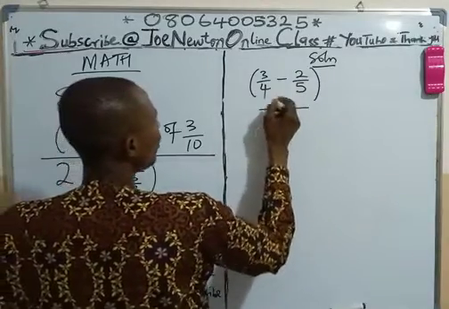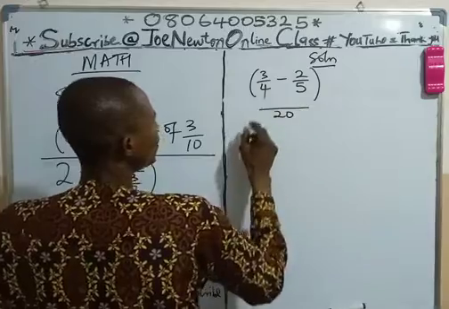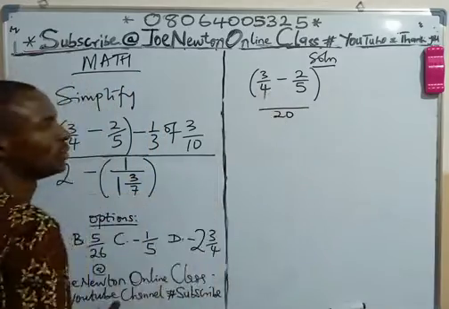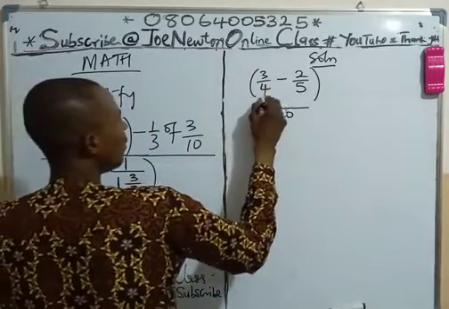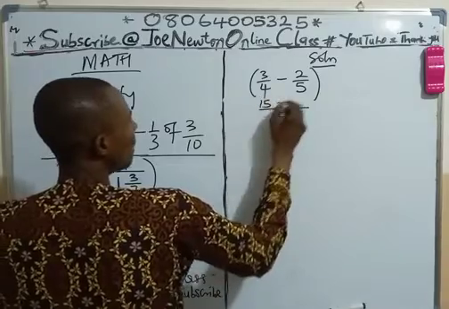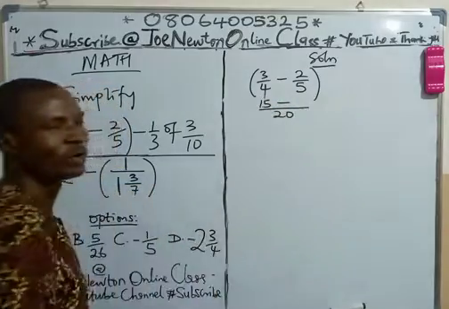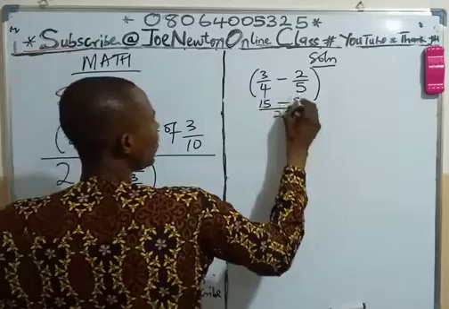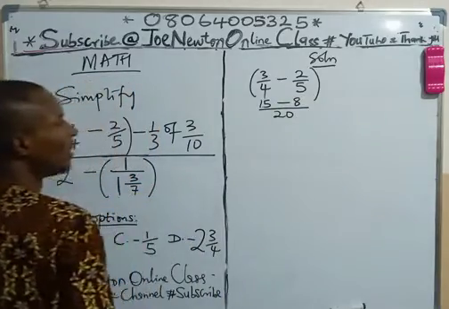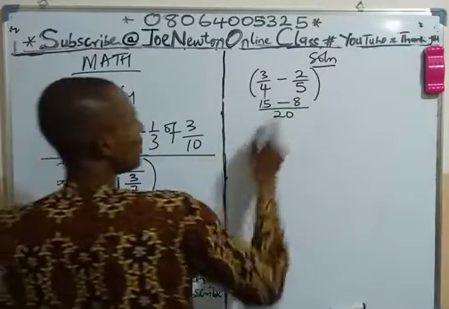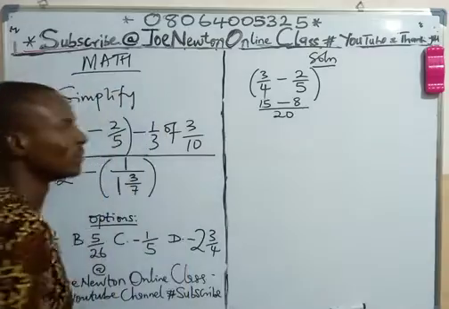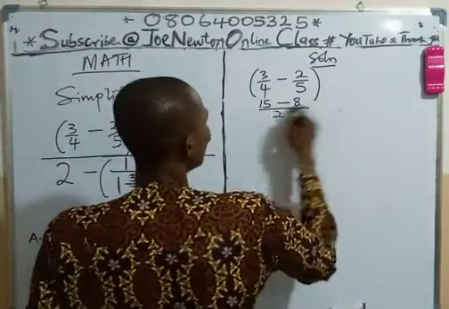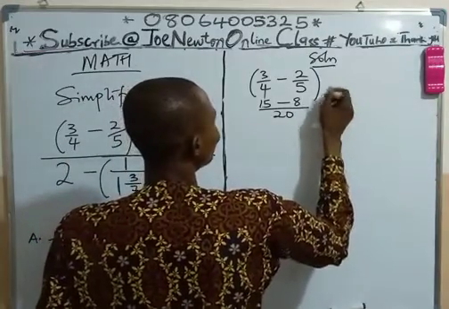The LCM of this is 20. So 4 divided into 20 is 5, times 3, 15. Minus 5 divided into 20 gives you 4, 4 times 2 is 8. So 15 minus 8 will give us 7. So here we have 7.